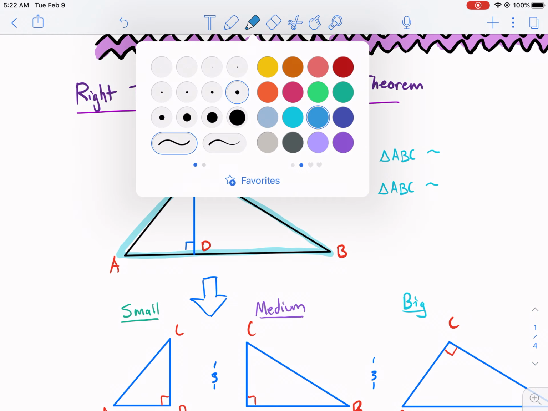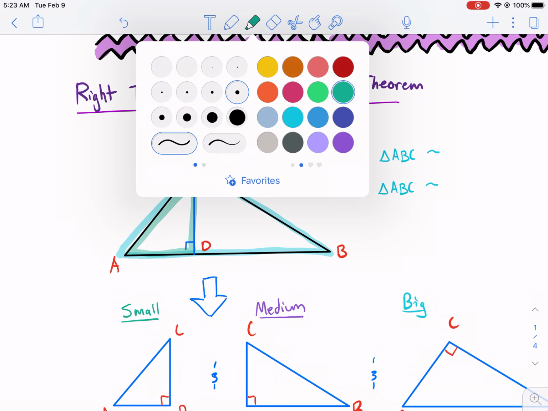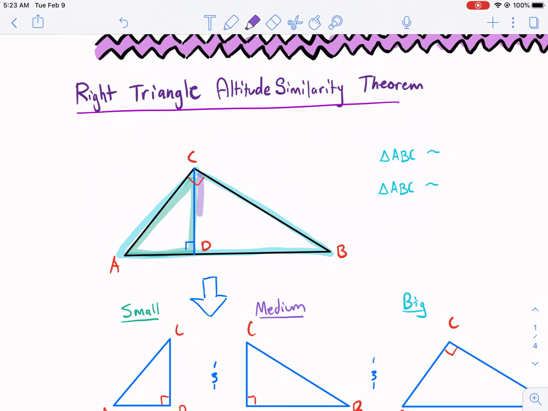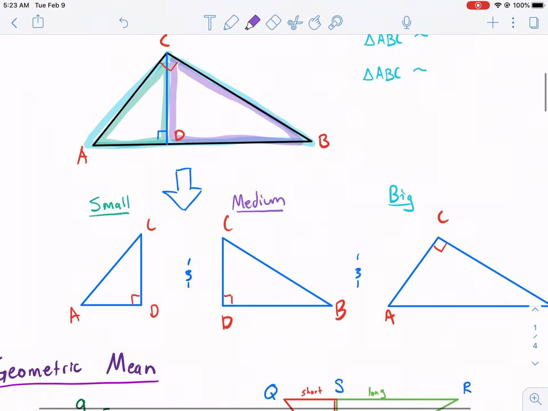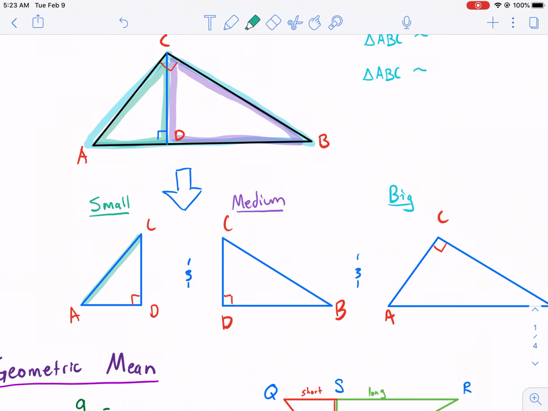We can draw this small right triangle in green and this medium right triangle in purple. Now you can clearly see we have a small right triangle, a medium right triangle, and a large right triangle simply from drawing an altitude in our first big right triangle.